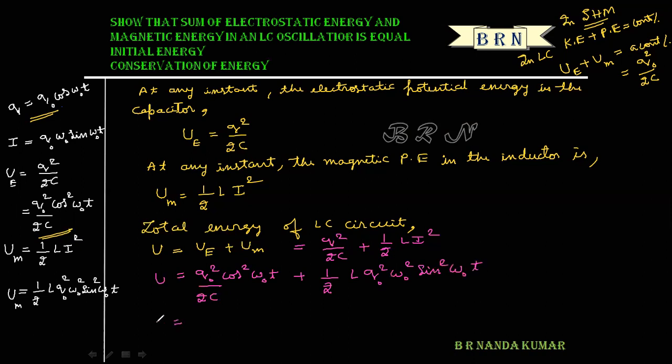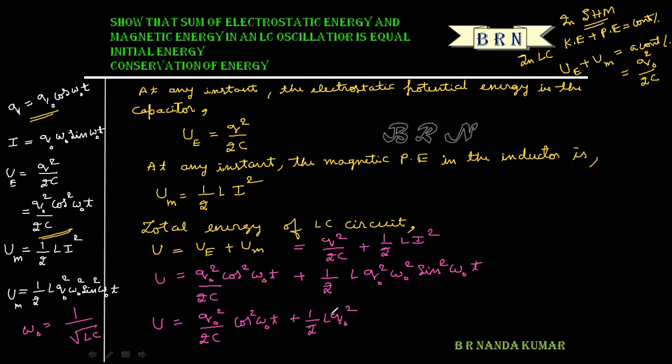Okay, so U is equal to Q naught square divided by 2C cos square omega naught T plus half L Q naught square. Omega naught is 1 divided by root LC, is it not?